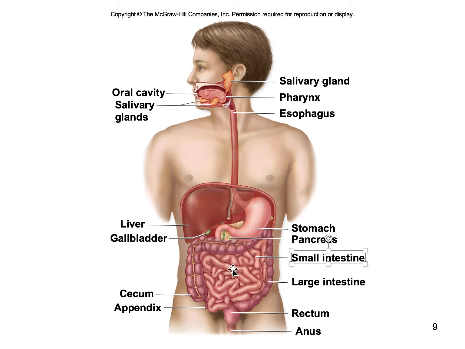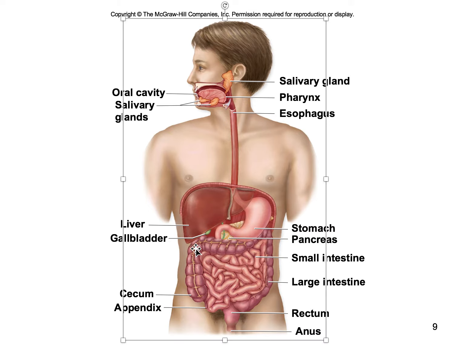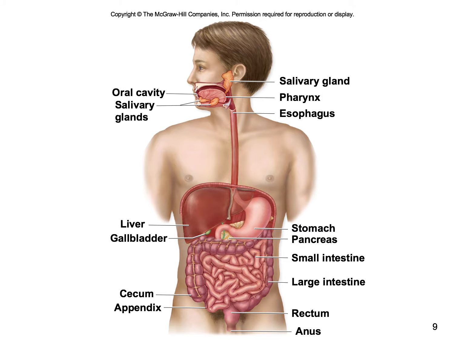Then we have the small intestine, this convoluted, wrapped up tube down here. Food passes from the small intestine into the cecum, which is the first part of the large intestine, this larger brown tube, which wraps around, up, around, and down to the end where we reach the rectum and then eventually the anus where food comes out.